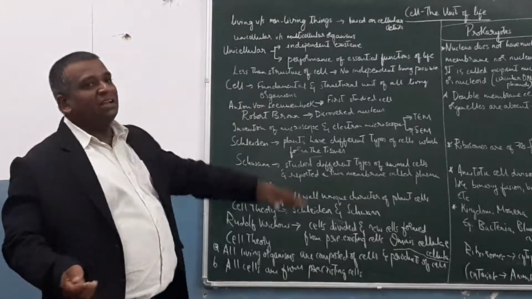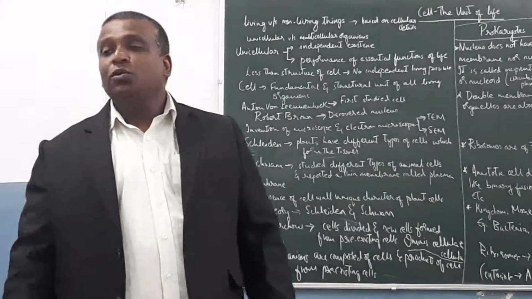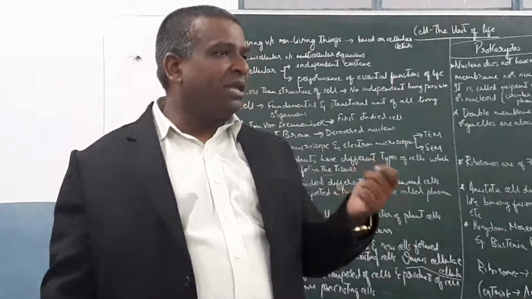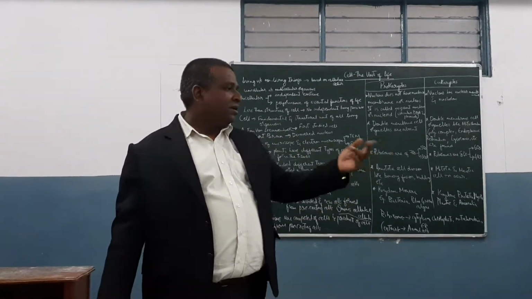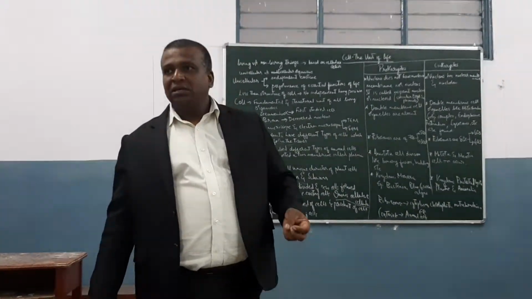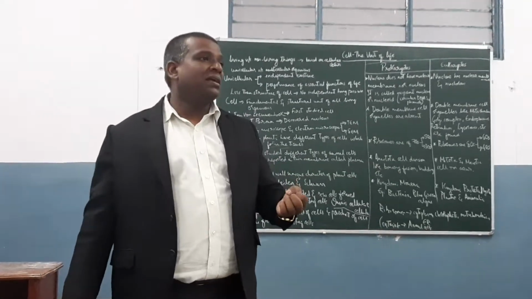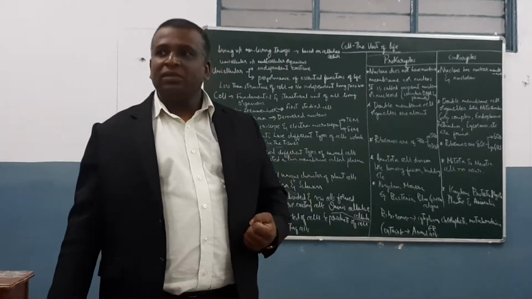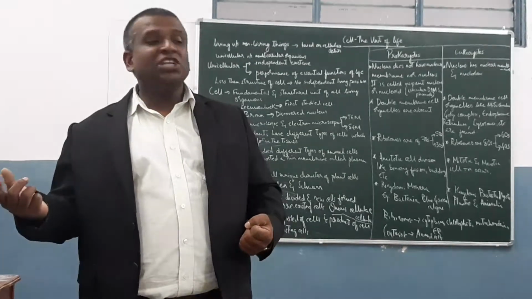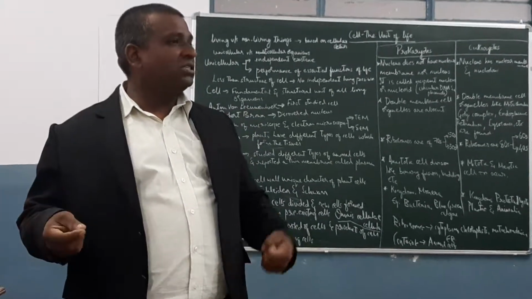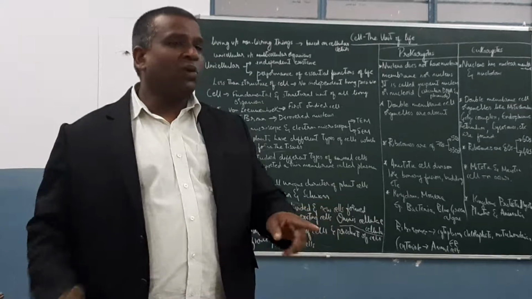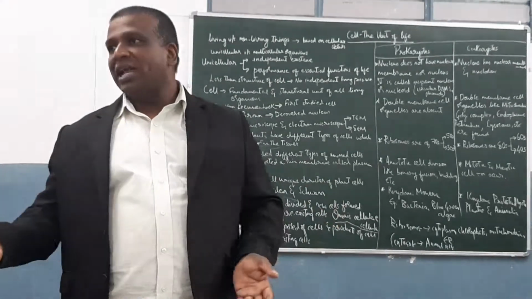Unicellular versus multicellular. Unicellular cells like amoeba, chlamydomonas, euglena, they are all unicellular organisms, but they are independent and they are self-sufficient. In unicellular organisms, cell division is also called reproduction, because one cell dividing forms another organism.